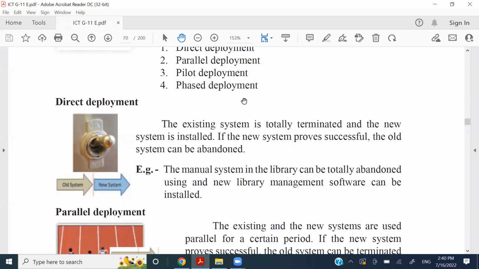So if we are going to deploy the new system, which means the fingerprint system, according to the direct deployment, what they are going to do is take the sign-in book away and introduce the fingerprint system from this point onwards.